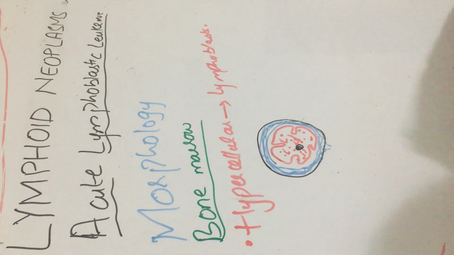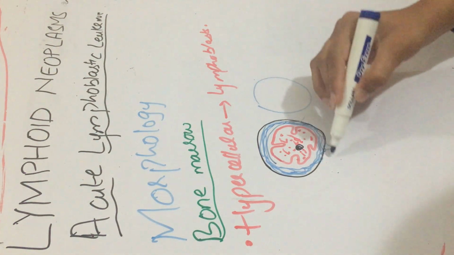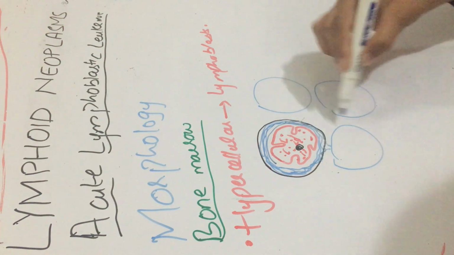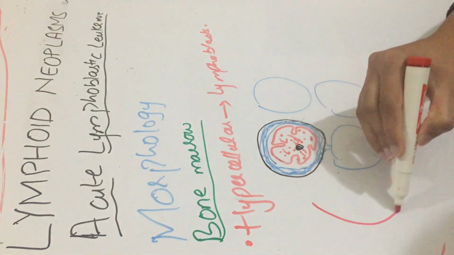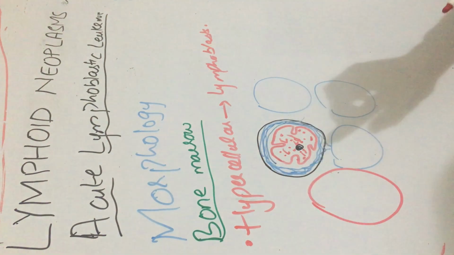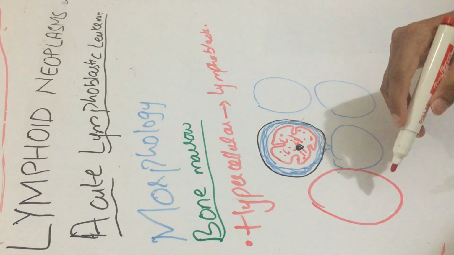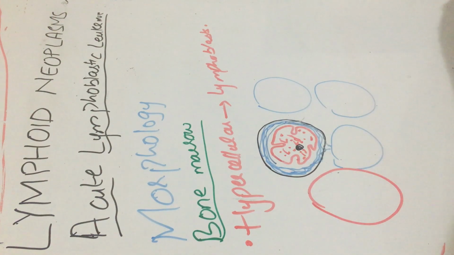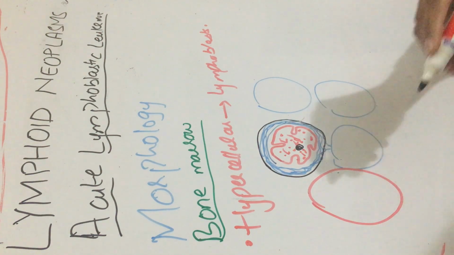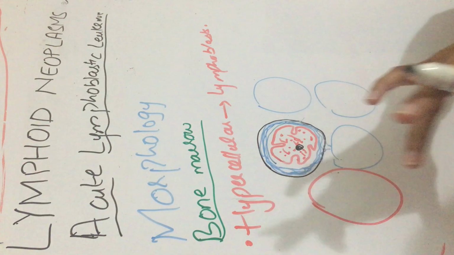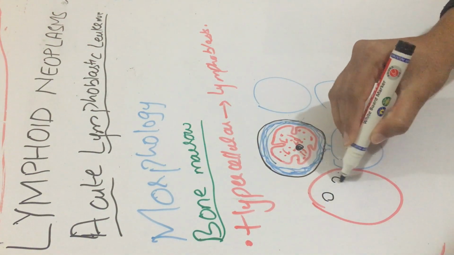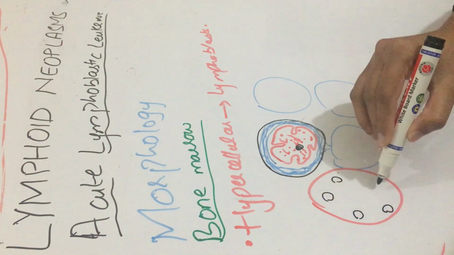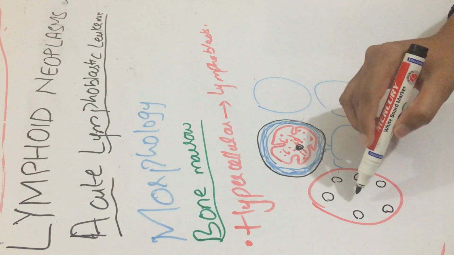Now multiple lymphoblasts would be present in the same configuration, and interspersed between them there would be macrophages, which engulf the apoptotic tumor cells. The apoptotic bodies would be present in the cytoplasm of the macrophages.